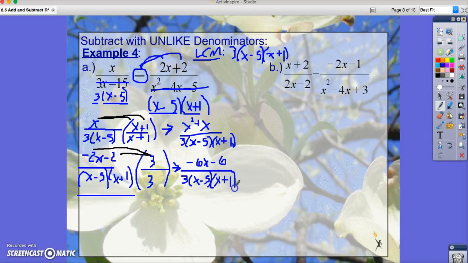All right. From here, draw your line. We are going to combine the numerators now that we have the common denominator and see what we get.